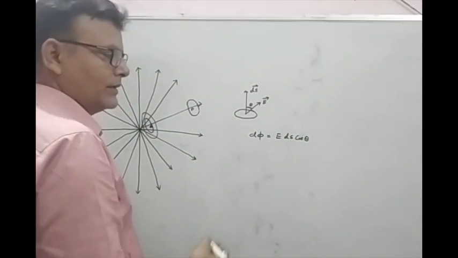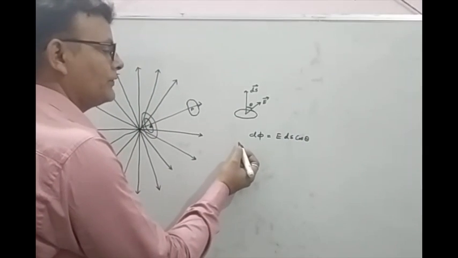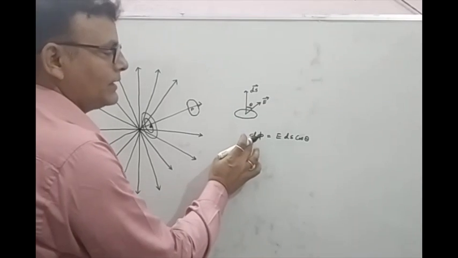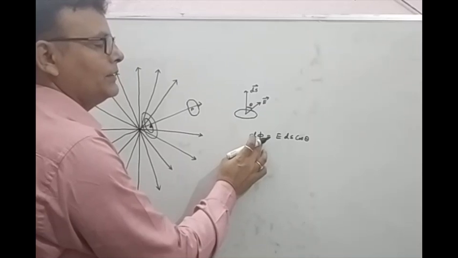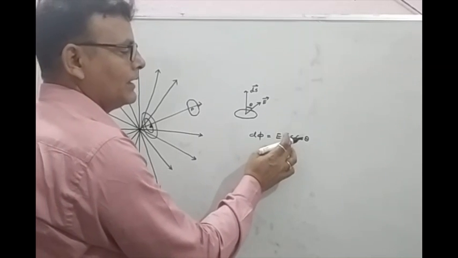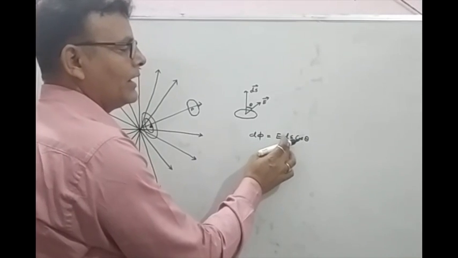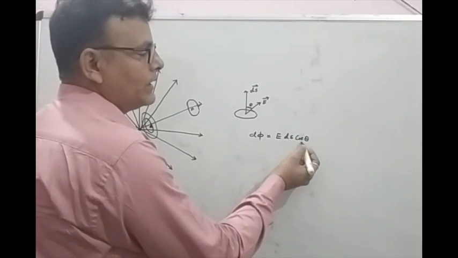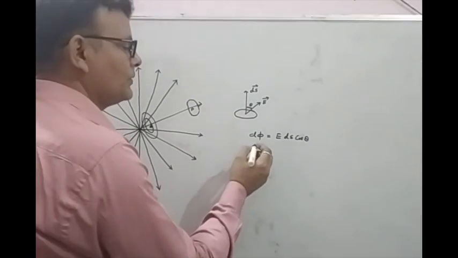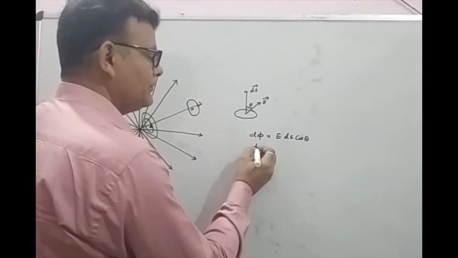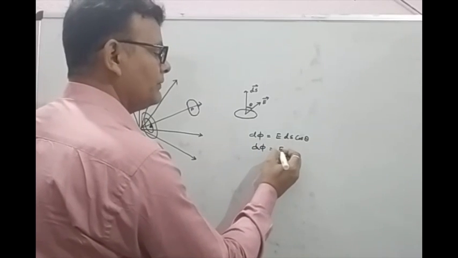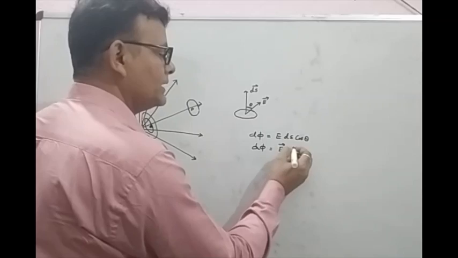That is, the number of electric field lines passing through the area, that is electric flux, depends on electric field intensity, its area and orientation of the area. It can also be written as d phi is equal to E vector dot ds vector.